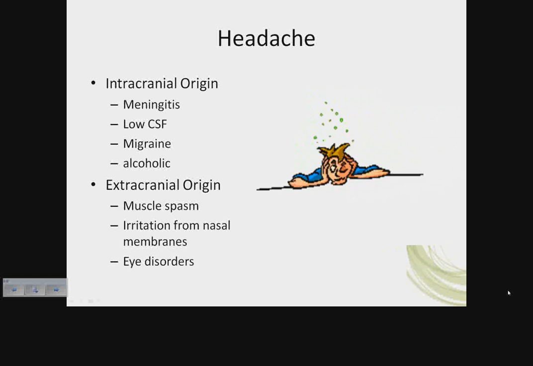The dehydration, of course, also results from alcohol intake because alcohol inhibits the release of ADH. And so that can lead to a loss of cerebrospinal fluid and pulling on the meninges. So the hangover from an alcoholic binge, it's usually hydration that is the issue.